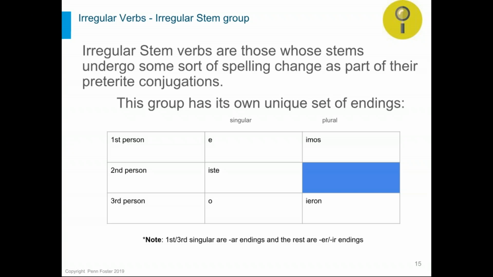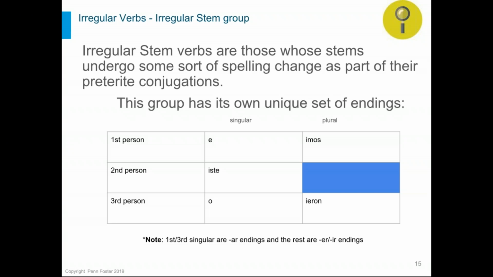These endings do not have accents, as you can tell. And if you notice, they're a little bit of a combination of the AR versus the ER-IR charts from the regular groups. First and third singular take those regular endings without accents, E and O. And second singular, first plural, and third plural take the ER-IR endings, the ISTE, the IMOS, and the IERON.